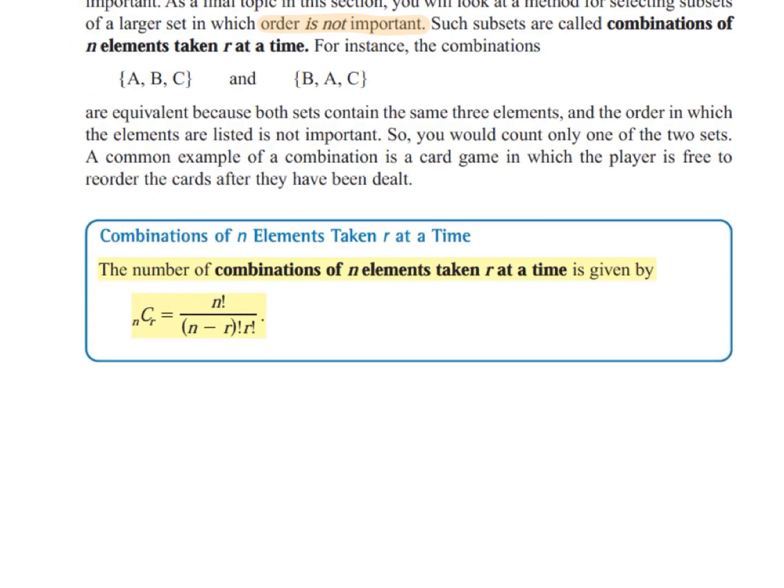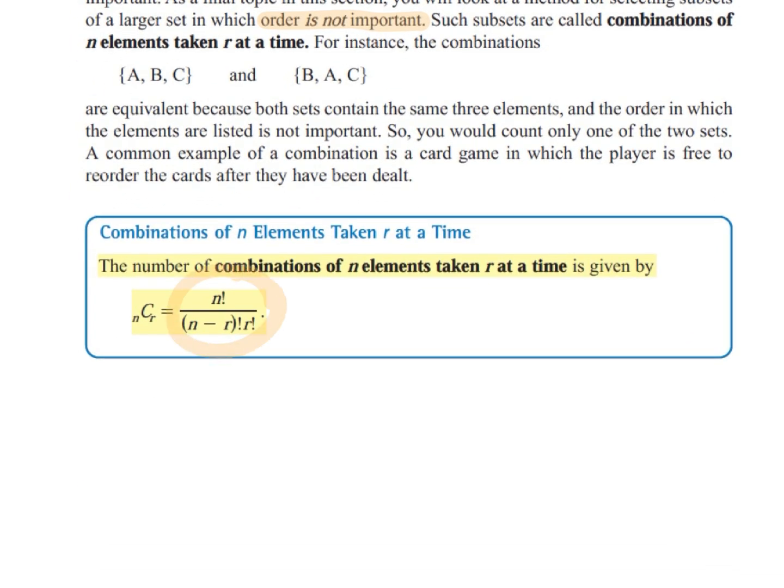So our formula is n factorial over n minus r factorial times r factorial. So we just have to make sure we divide out the overlap because these would be the same. So in our regular formula, it would count them as separate ones, but for combinations, we just have to divide out the overlap.